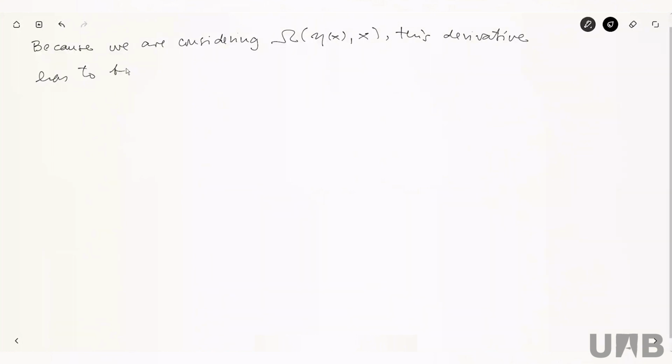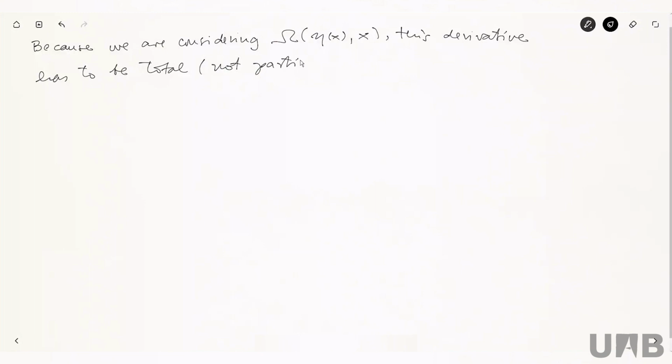Notice that because we are considering this function, which depends on the fields and explicitly on space and time, this derivative has to be a total derivative and not partial.